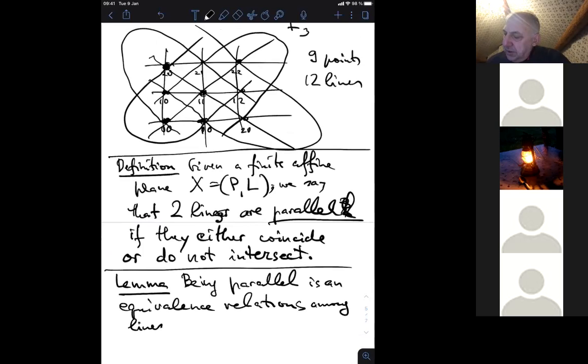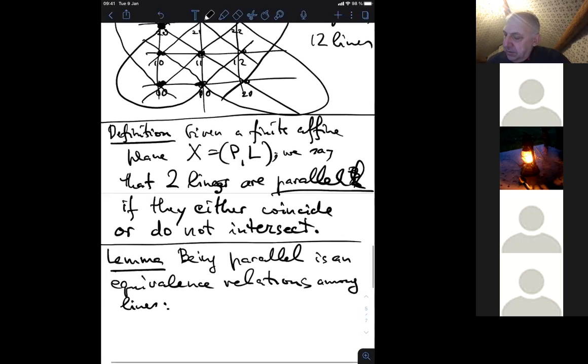First, every line is parallel to itself: L is parallel to itself.